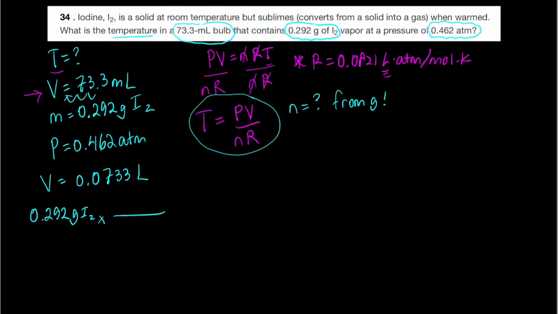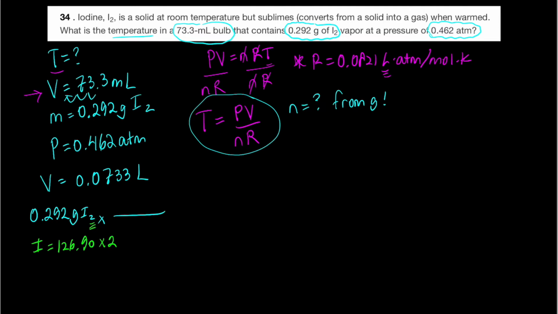If you look on your periodic table for the capital I, which is element number 53, it has a mass of 126.90. But there's a 2 here, which means we need to multiply the number on our periodic table by 2 because it's a diatomic element.